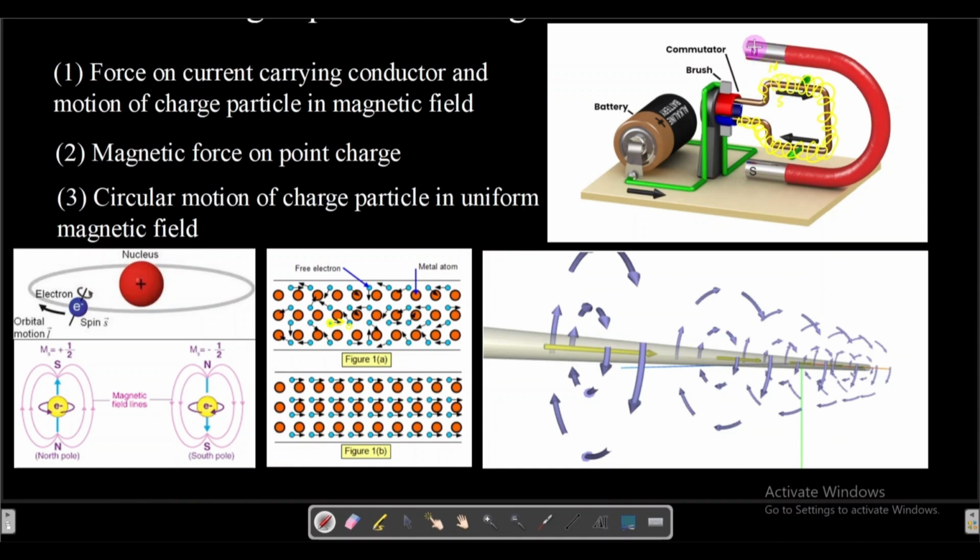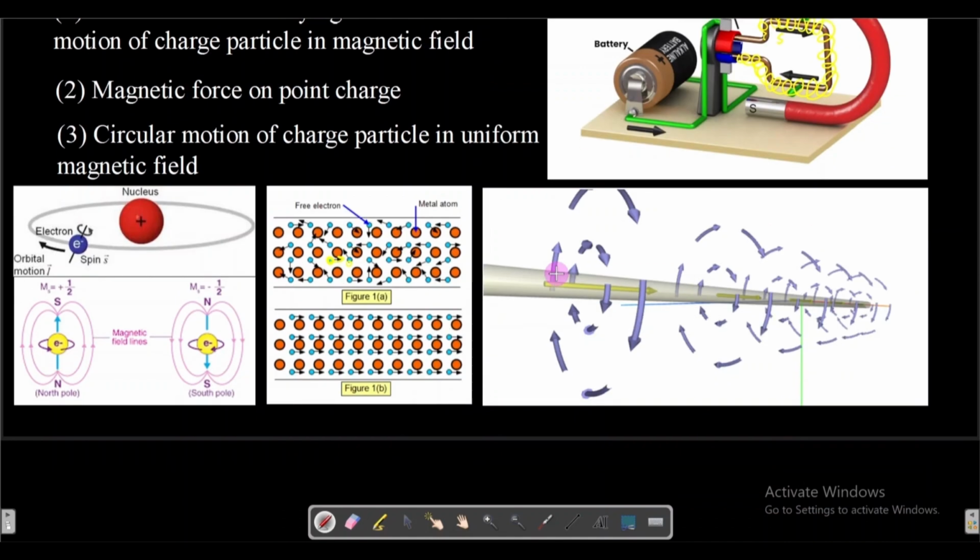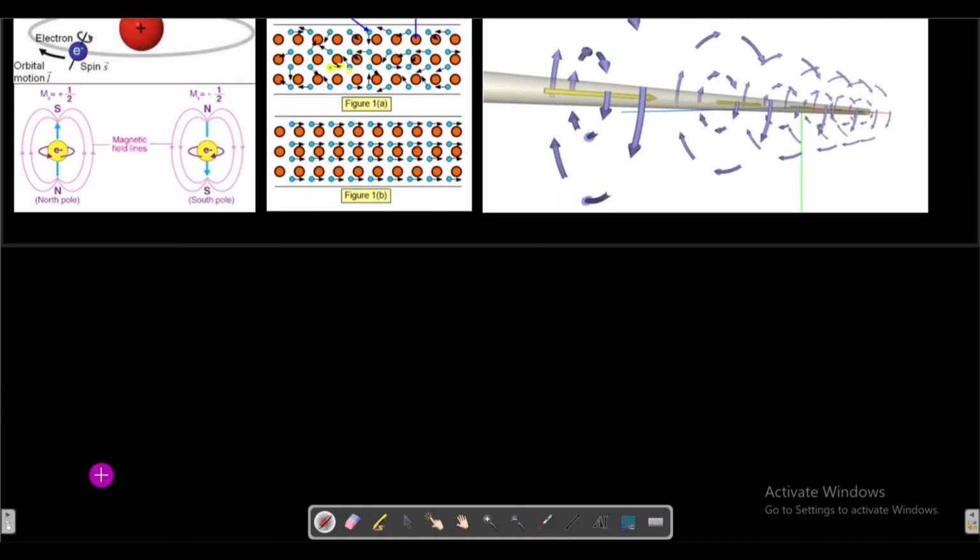If we increase this external magnetic field, then more force will be exerted on this conductor. So we conclude that the force is directly proportional to the external magnetic field.